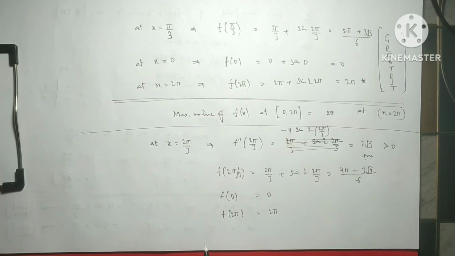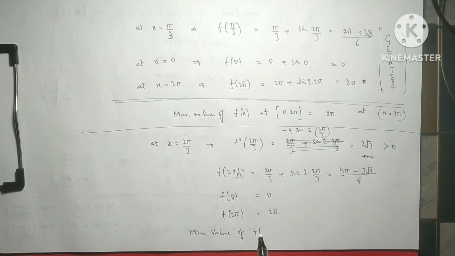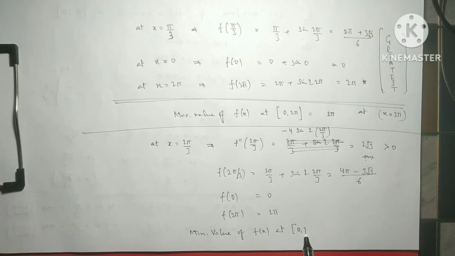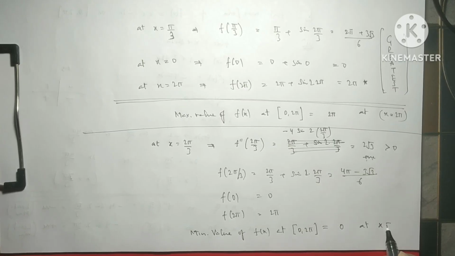So for the minimum value, we want the least value in these three. So the least value is 0 at x equals 0.